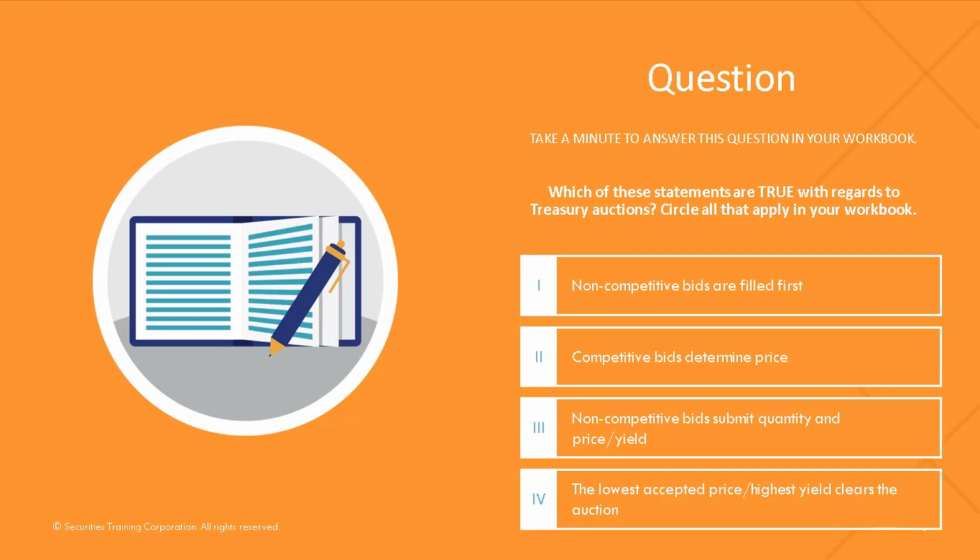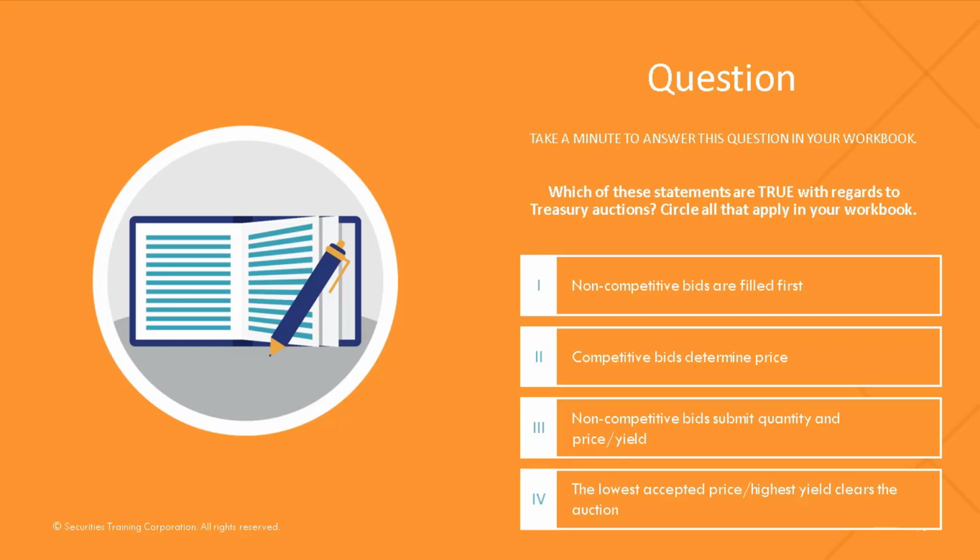They set them aside, then the competitive bids determine the price. So choice 2 is correct. Choice 3, non-competitive bids submit quantity and price or yield. That is not true. That's what the competitive bids do.